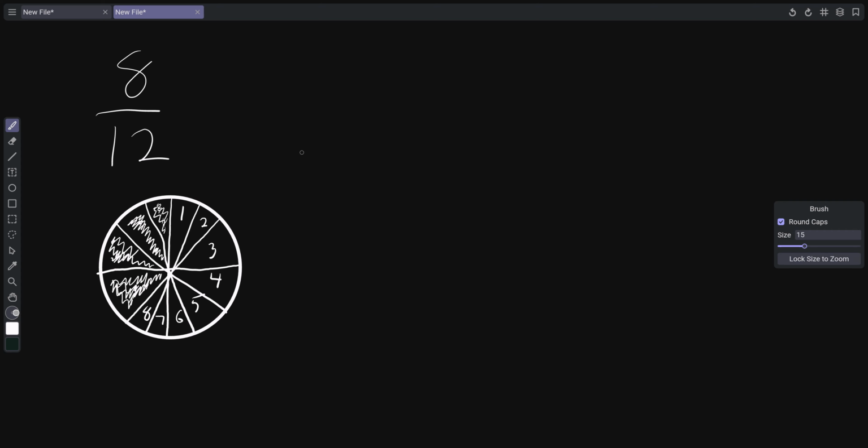Now, we can simplify this by taking out what we call the greatest common factor. And how we do this is we ask ourselves, what is the largest possible number I can divide out of 8 and 12?